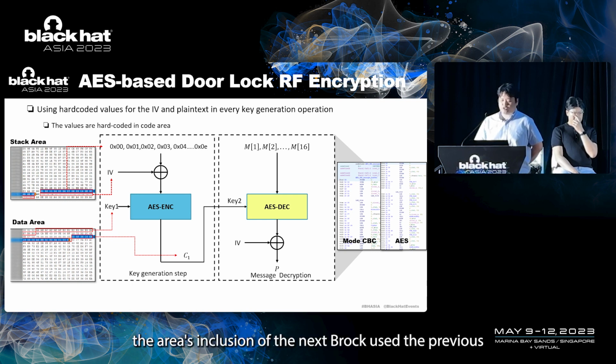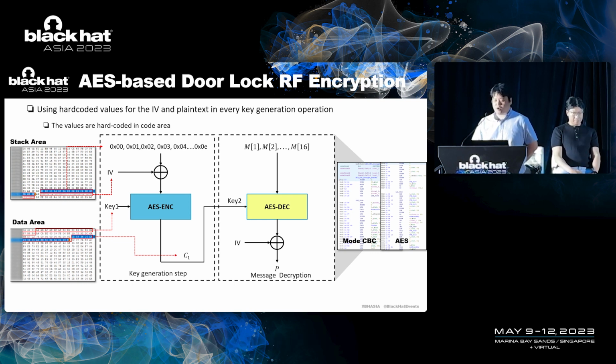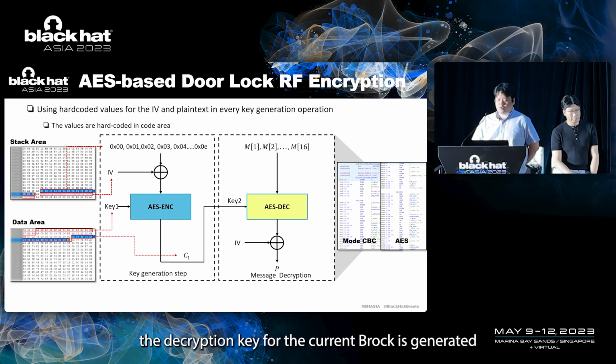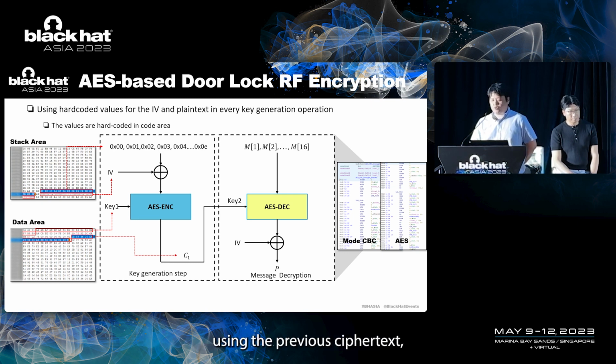The AES encryption of the next block uses the previous block's encrypted result as the decryption key to decrypt the actual received message. In that sense, the decryption key for the current block is generated using the previous block ciphertext, which is then used to decrypt the current block.